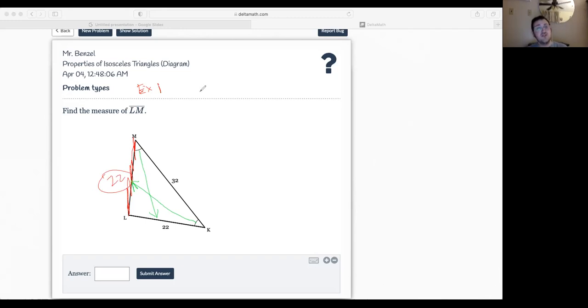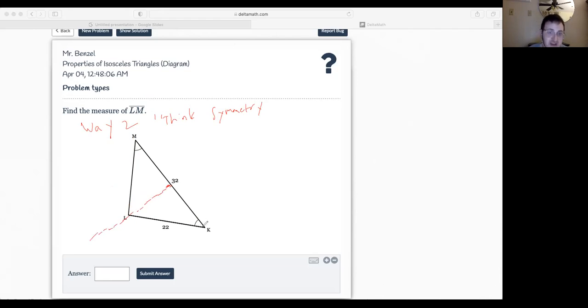Another way that you could think about this, so this is way 1 of thinking about these problems, but way 2 is to think symmetry. What I do is I look at the two congruent angles, and what is in the middle of that is our line of symmetry.